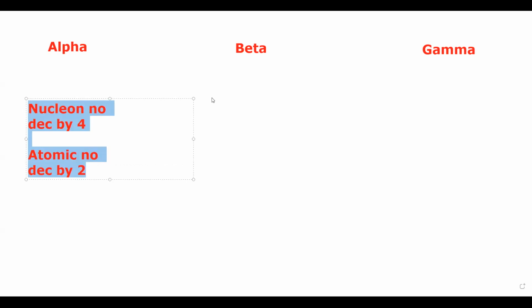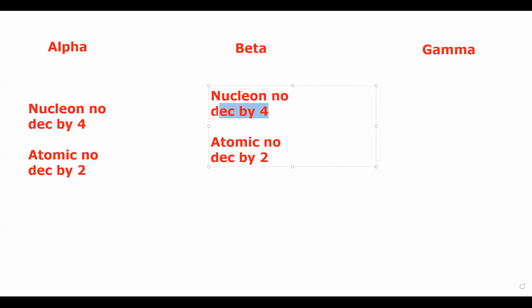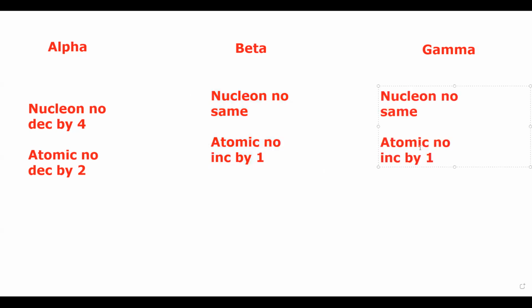The nucleon number, the sum of neutrons and protons, has no change. It will remain the same. And the atomic number will increase by 1. And when there is a gamma emission, the nucleon number remains the same, and the atomic number will also remain the same. So there is no change in atomic mass and no change in atomic number.